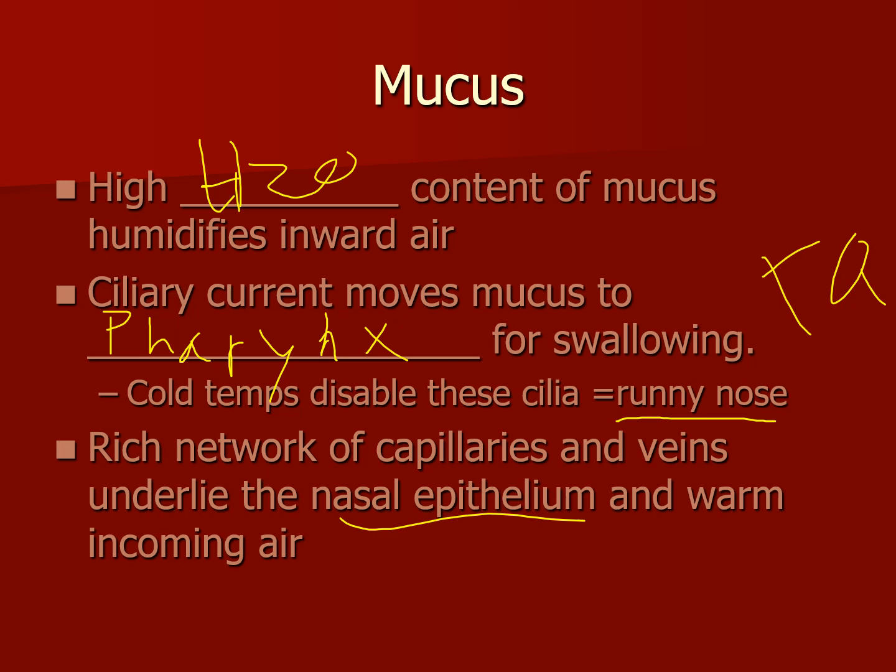How many concha are there? What's the inferior part of the concha called? What are the two types of epithelium cells in the nose? What's in the first third, and what's in the posterior two-thirds of the nose, or the nasopharynx?